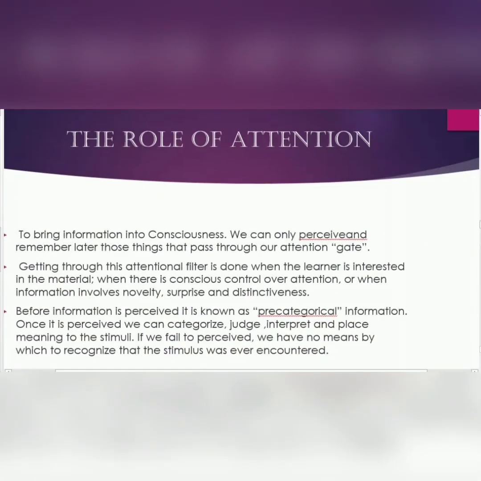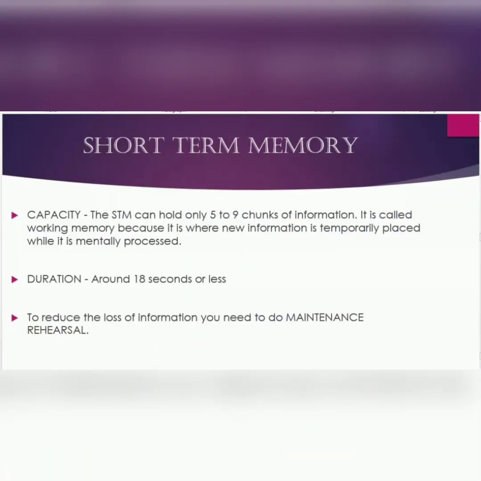The role of attention is to preserve knowledge in your mind, because if we fail to preserve knowledge in our mind, we have no means to recognize what our mind has ever encountered. Short-term memory.